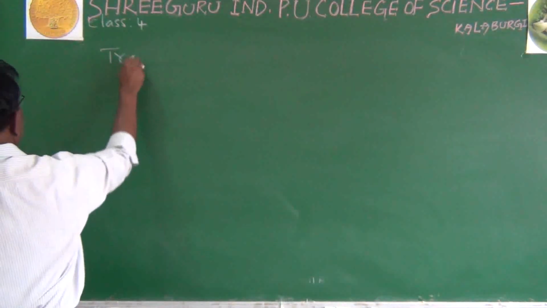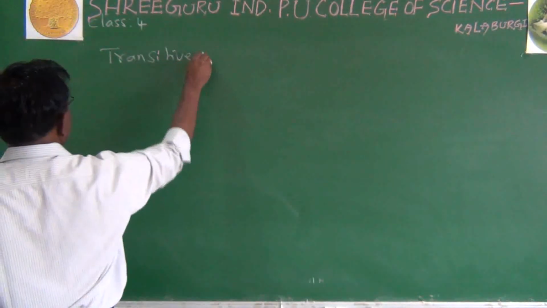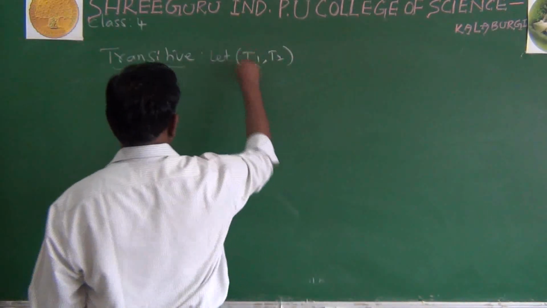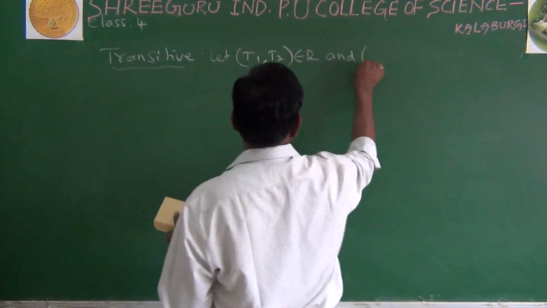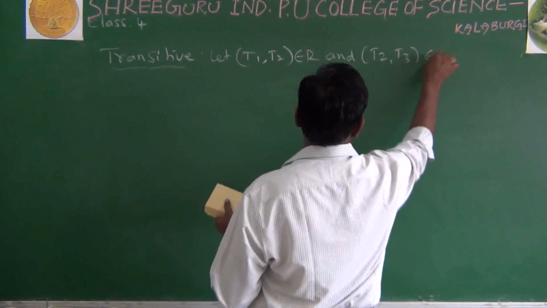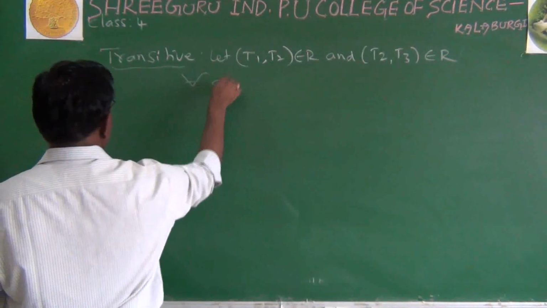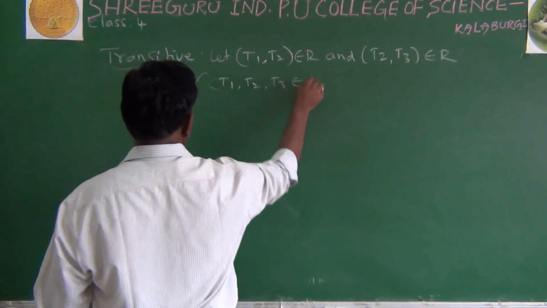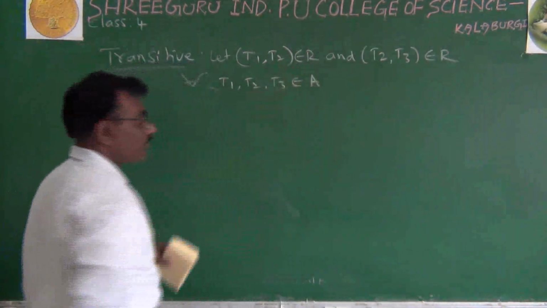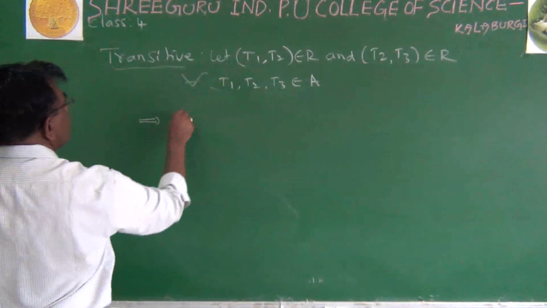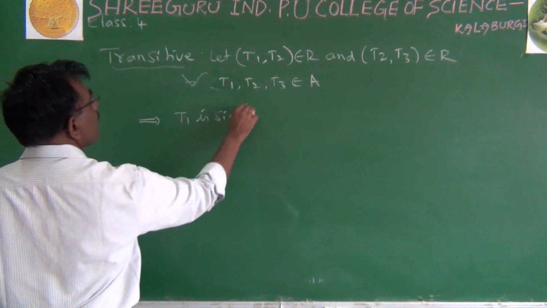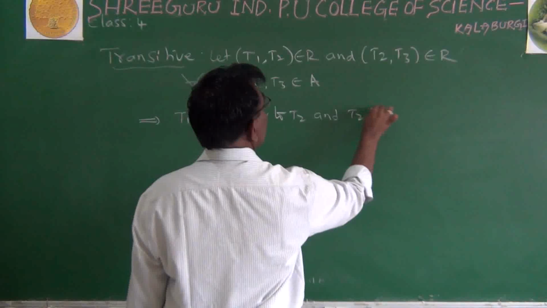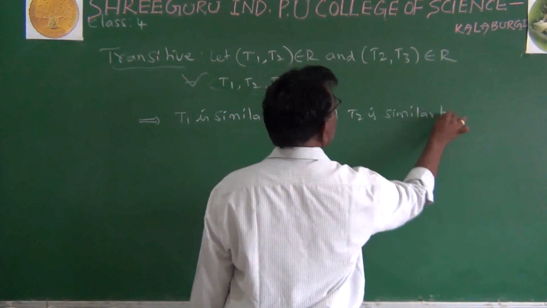Transitive. Transitivity. Let T1 comma T2 belongs to R and T2 comma T3 belongs to R, for all T1, T2 comma T3 belongs to set A. It implies T1 is similar to T2 and T2 is similar to T3.